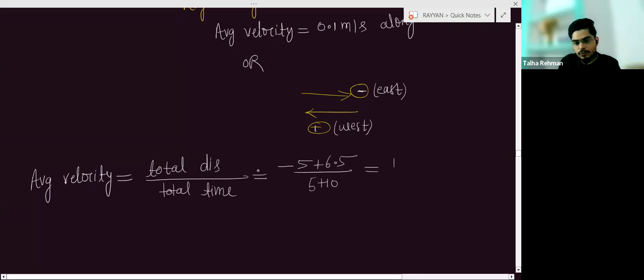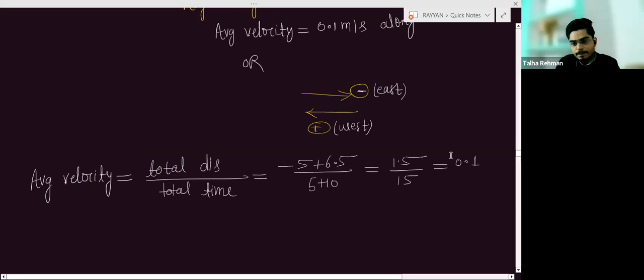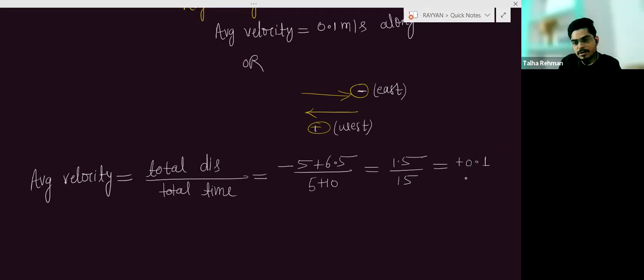So it will come out to be 1.5 divided by 15, which is 0.1 meter per second. The answer will be plus 0.1 meter per second. So the average velocity you are getting is plus 0.1 meter per second.